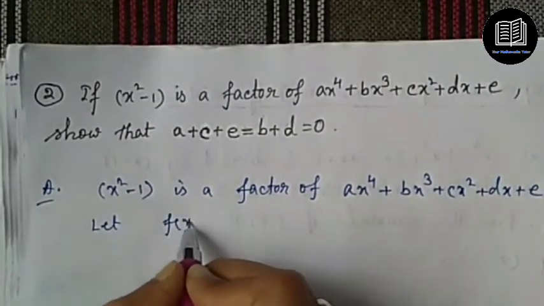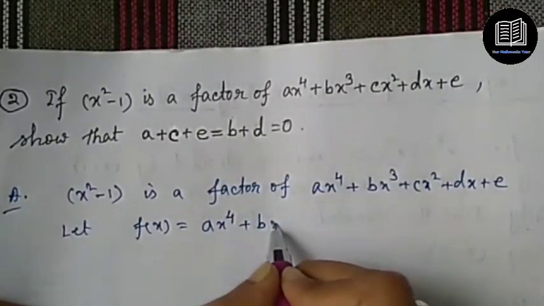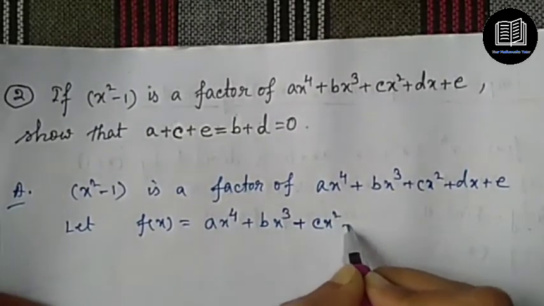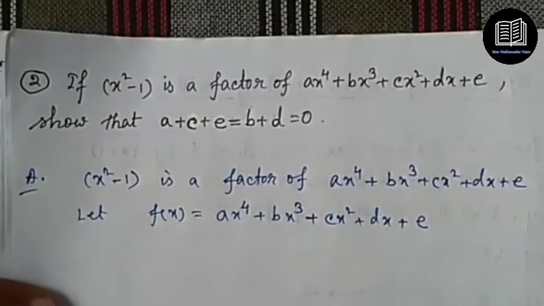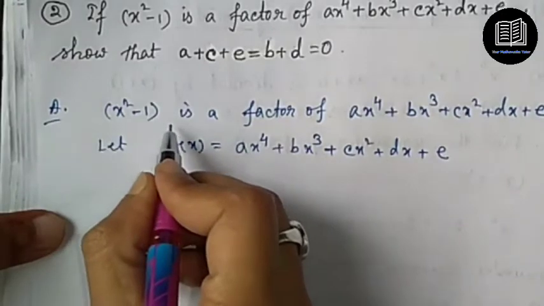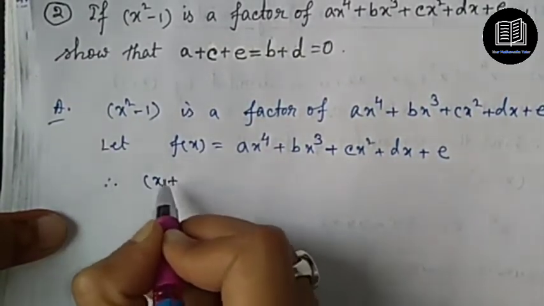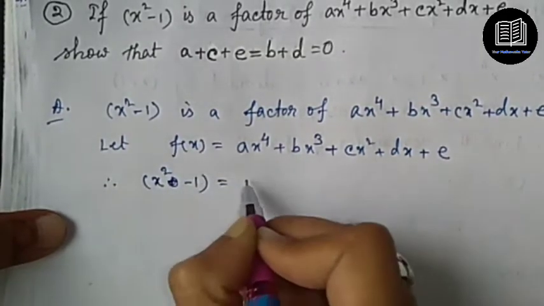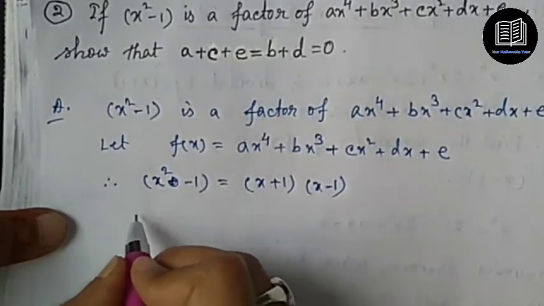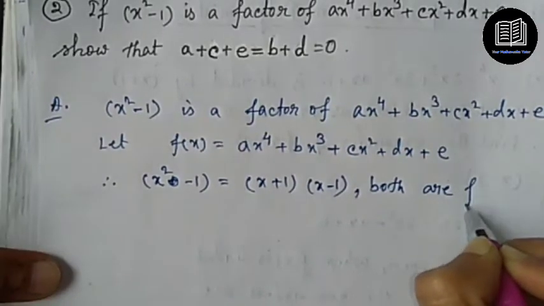Let f(x) equal ax to the power 4 plus bx cube plus cx square plus dx plus e. We assume that the polynomial is f(x). Now, since x square minus 1 is a factor of f(x), and x square minus 1 equals x plus 1 into x minus 1, both are factors of f(x).